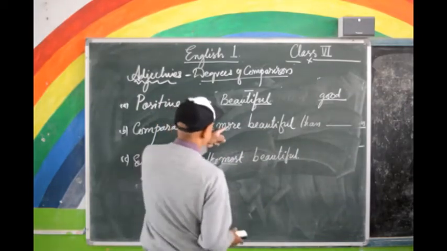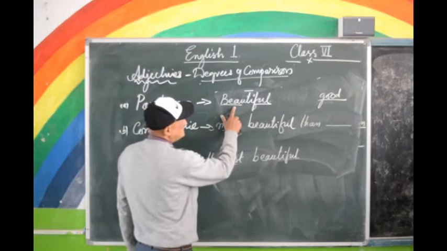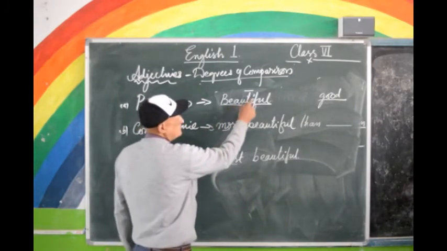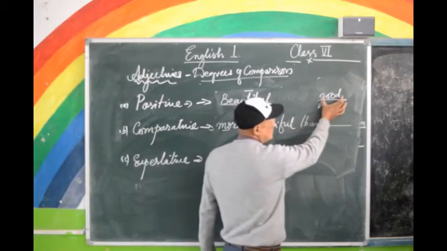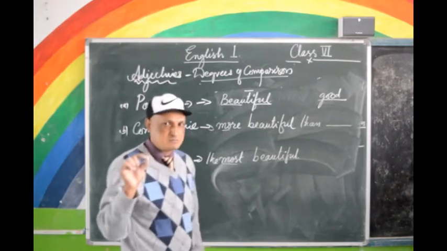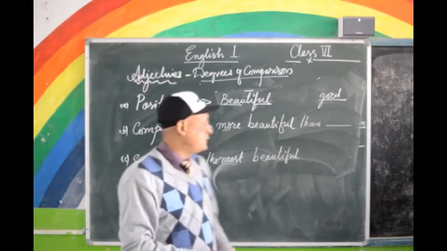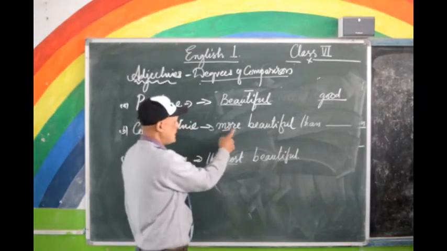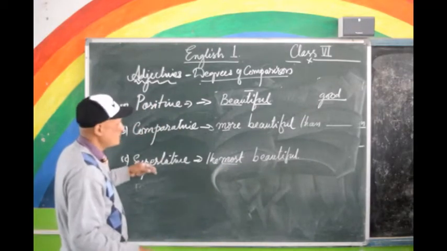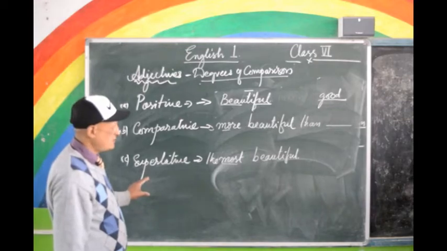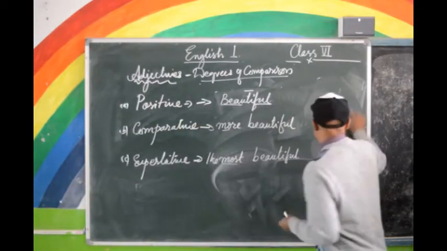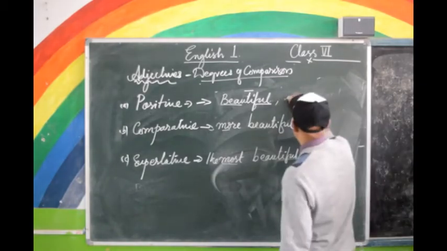What are the things that you have to keep in mind? For adjectives like beautiful, which has more than one syllable, unlike good, which has only one syllable, we make use of more and most in the three different degrees of comparison. Clear? Most. And the other word, besides beautiful, we have honest.